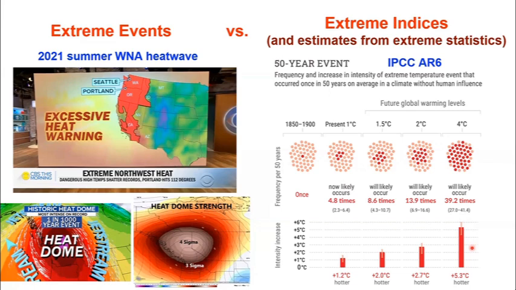But for most of the general public, what they think about as extreme events are the ones that cause a lot of damages and losses. So it's the things that they remember. For example, I can use the 2021 summer Pacific Northwest heat wave as an example.